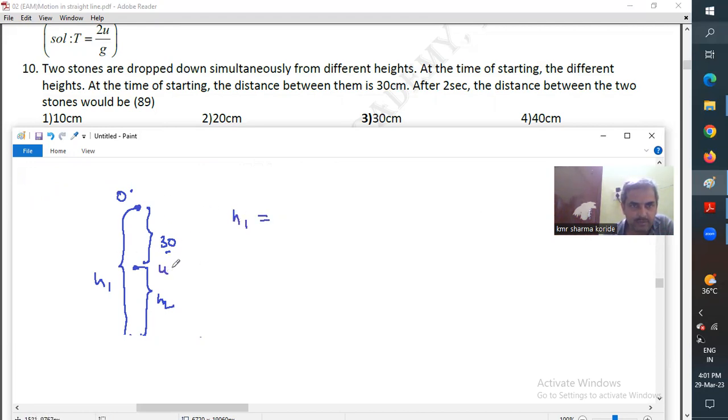Both are dropped, even the second body is also dropped. So h1 is equal to half g t squared, since u is 0. Moving down, the negatives cancel. So h1 is half into g, which is 10, into t squared, 2 seconds squared is 4. So this is going to be 5 times 4: h1 travels a distance of 20 meters.